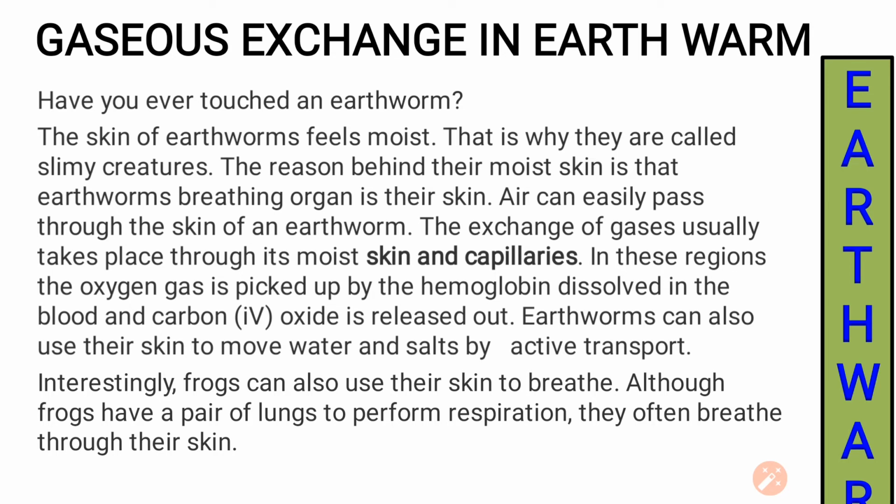It is very important to note that frogs can also use their skin to breathe, although frogs have a pair of lungs which they use to perform respiration. They often breathe through their skin too. So we will look at the frog in a subsequent class.